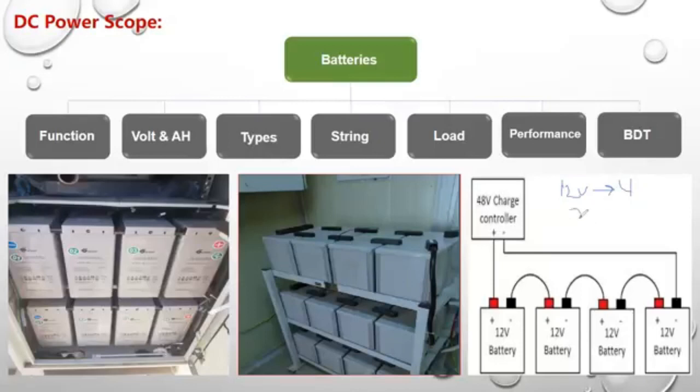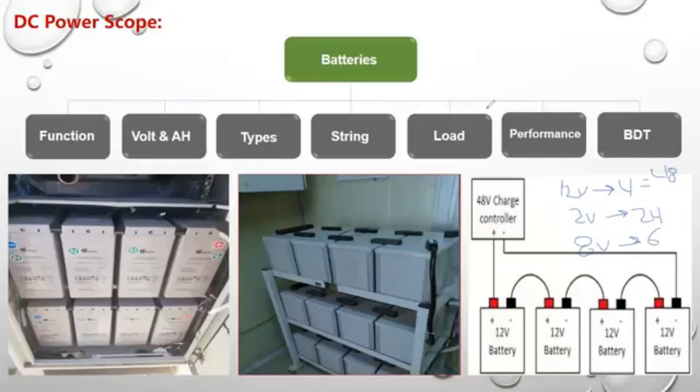If I have batteries of 2 volts, I will need 24 batteries connected to each other. And that's why you see sites with 4 batteries, sites with 24 batteries. Even if there is a battery of 8 volts, I will need 6 batteries. So bottom line, I need to connect a group of batteries together to give me the 48 volt DC with which I supply the telecom devices.